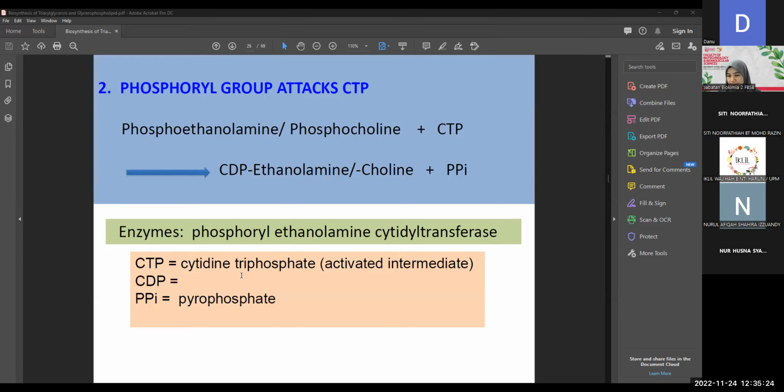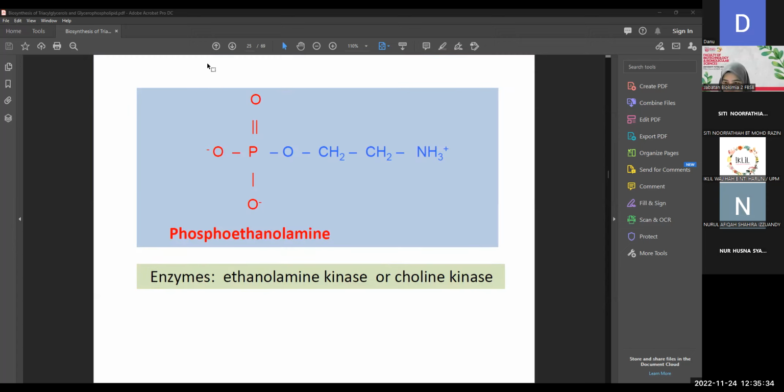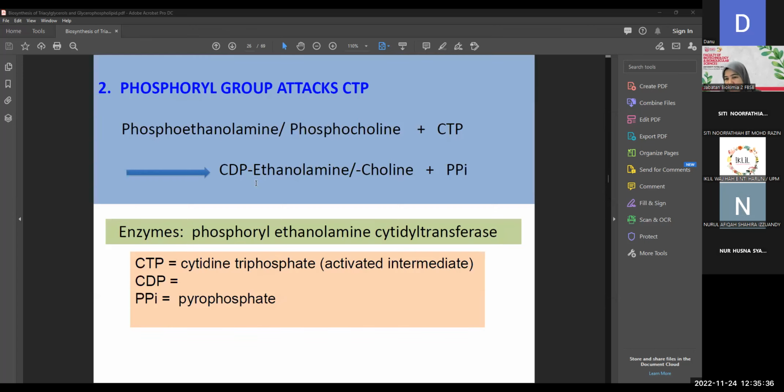Now we have phosphoethanolamine and also phosphocholine. This phosphoryl group now attacks CTP. CTP stands for cytidine triphosphate.